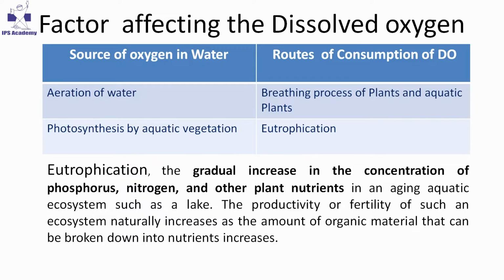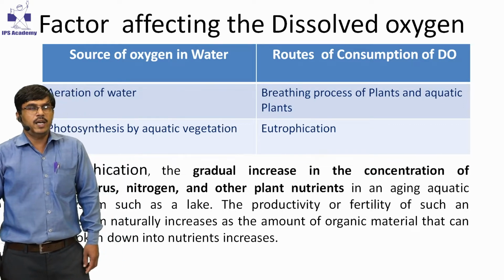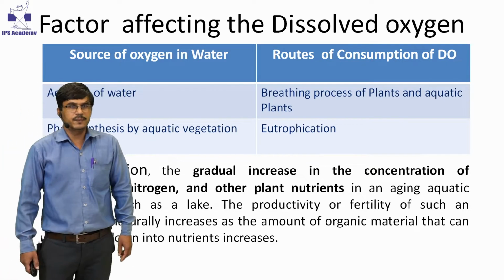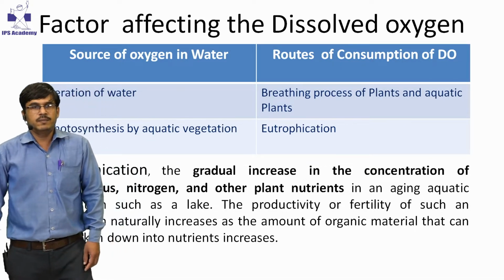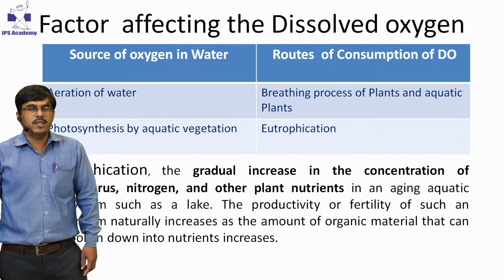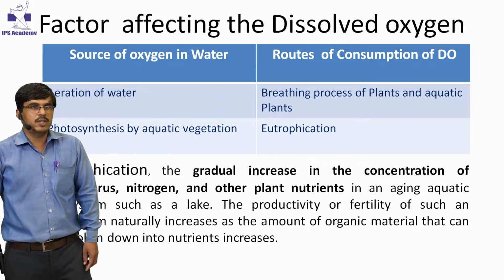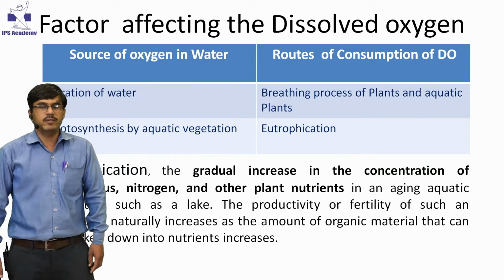In this category, we can add two points: aeration of water, that is any type of movement in water, like falling of water in lakes, which will increase the amount of oxygen in water. Another factor that will increase the dissolved oxygen in water is photosynthesis by aquatic vegetation.